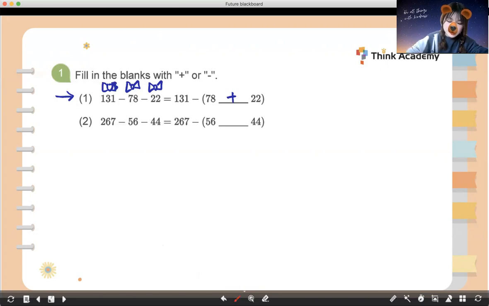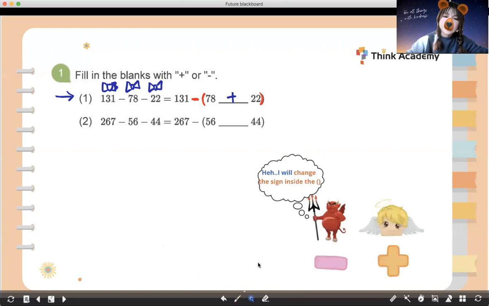The other way you can think about it is because in front of the parentheses, we have a minus sign, right? So actually the minus sign is the real devil, because whenever we have a minus sign in front of the parentheses, we always need to change the sign inside the parentheses. Okay, so same as the next one.